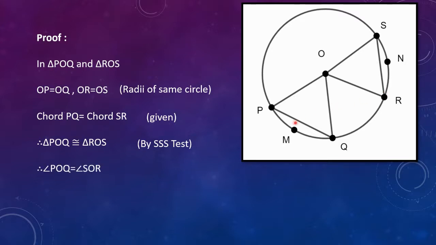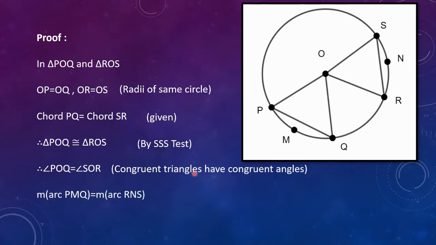Therefore, triangle POQ will be congruent to triangle ROS by SSS test of congruency. Since we have proved three sides of the triangle are equal, triangle POQ will be congruent to triangle ROS by SSS test of congruency.